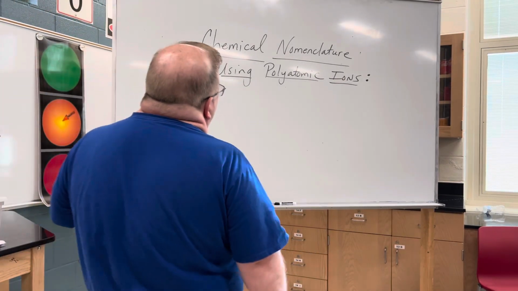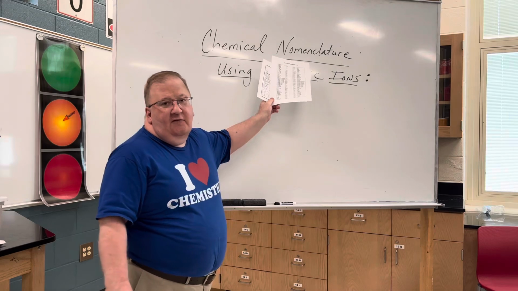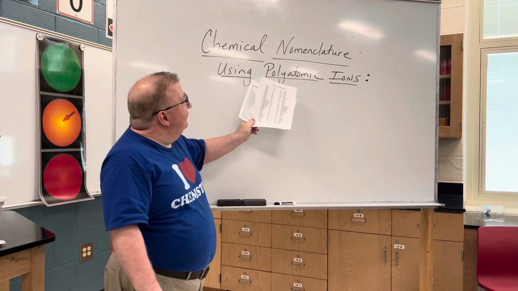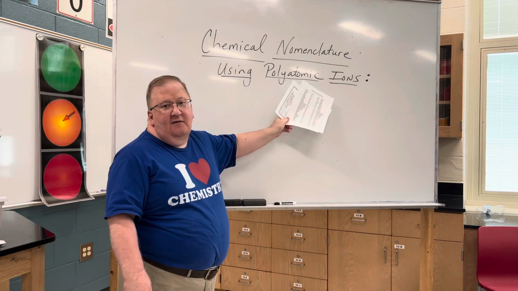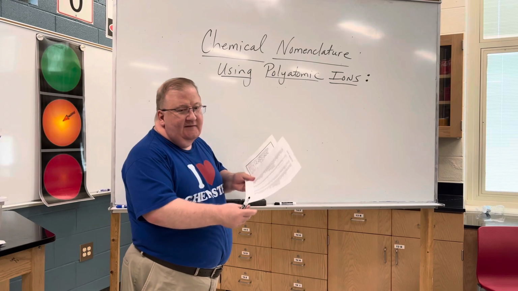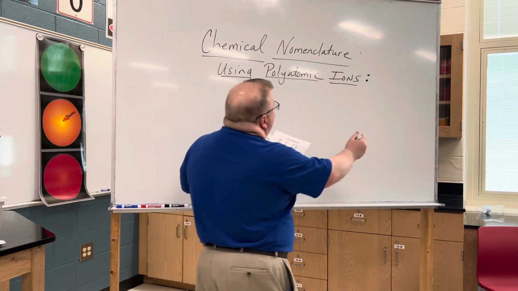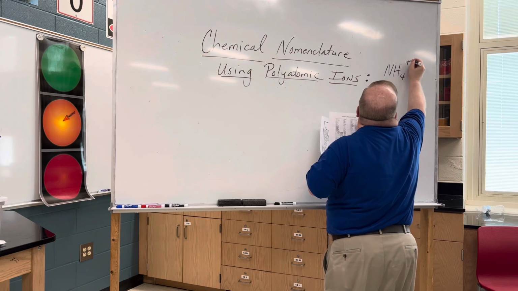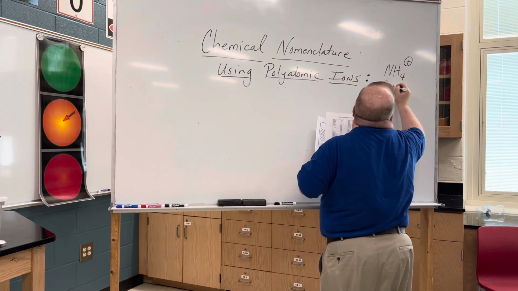Okay, this is chemical nomenclature, which means naming chemical compounds. But we're going to be using polyatomic ions. So polyatomic ions, just to give you some examples, we have a list of some common ones. Ammonium is NH4 plus 1. That's ammonium.